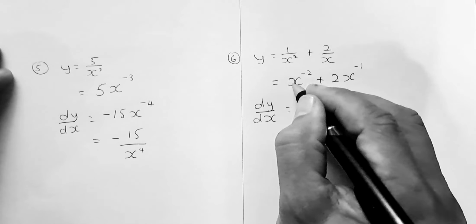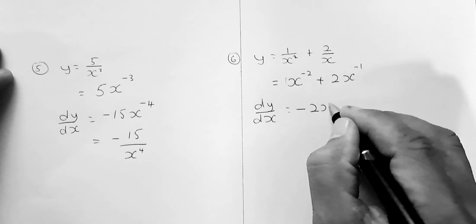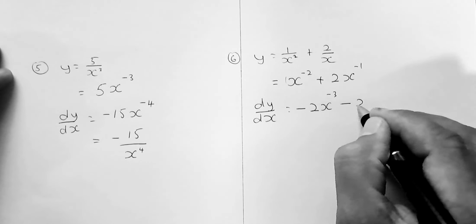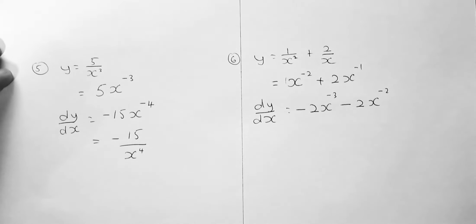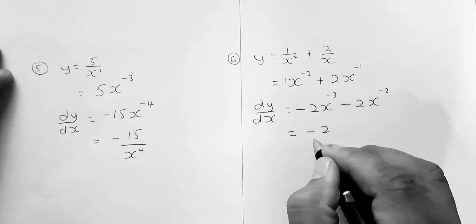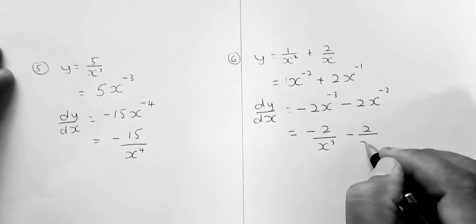So minus 2 comes down, there's a 1 there. So minus 2 times 1 is going to be minus 2x^-3. And minus 1 comes down, it's going to be minus 2x^-2, because minus 1 times 2 is minus 2. Again, simplify in positive integers, it's going to be minus 2 over x^3, and then minus 2 over x^2.